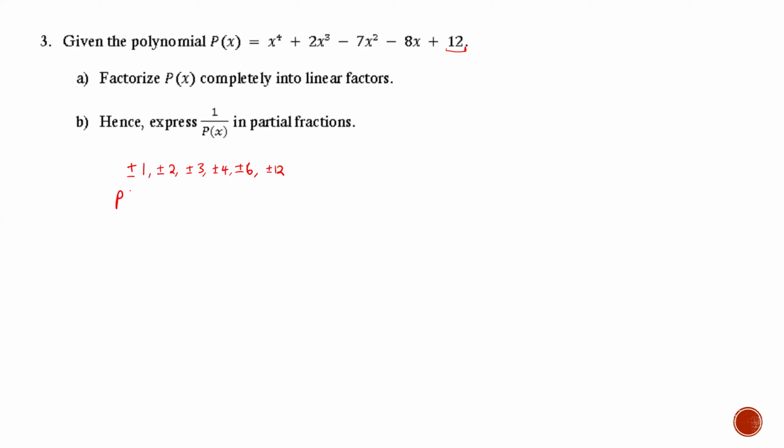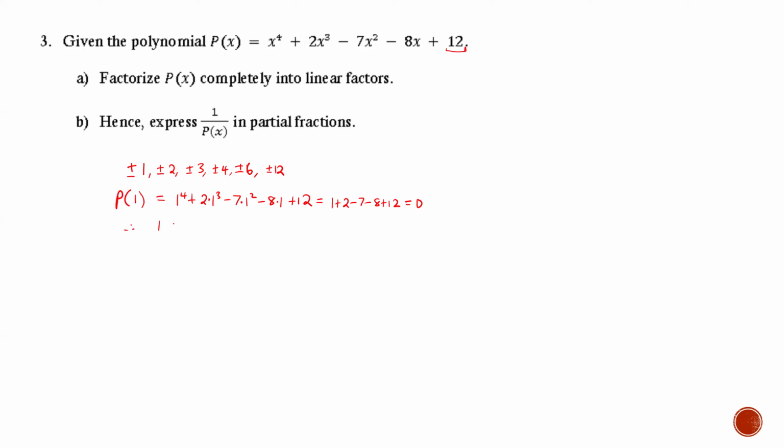So I'm going to try out p of 1. p of 1 is 1 to the power 4 plus 2 times 1 to the power 3 minus 7 times 1 squared minus 8 times 1 plus 12. If you work this out, this is 1 plus 2 minus 7 minus 8 plus 12. That's 15 minus 15, which is 0. What does this mean?